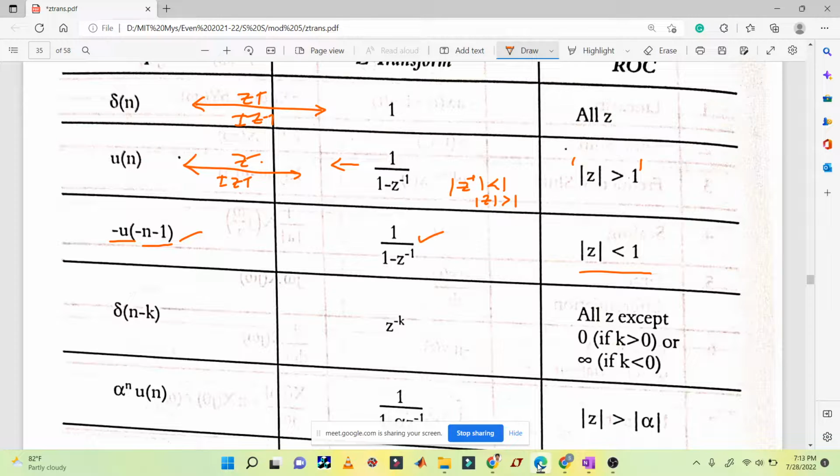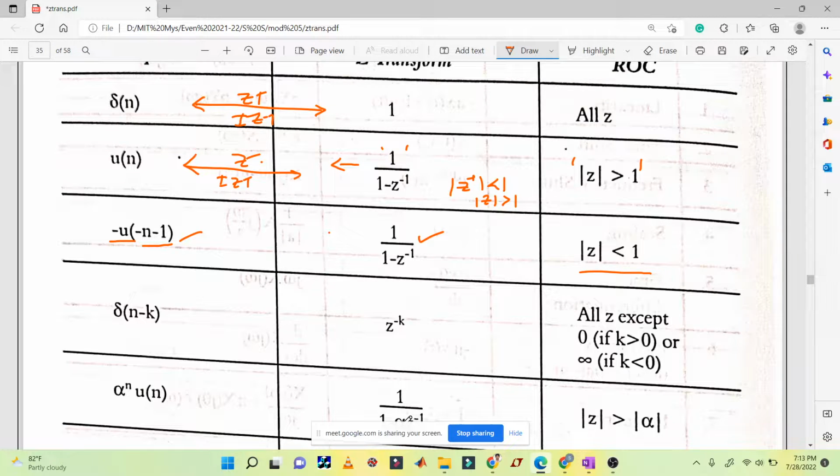We have already calculated this. Don't worry about why both are the same but the ROC is different. Here we have taken minus Z as common. After that we have simplified to get a similar kind of answer here. That's why the ROC is different but the final answer is the same.